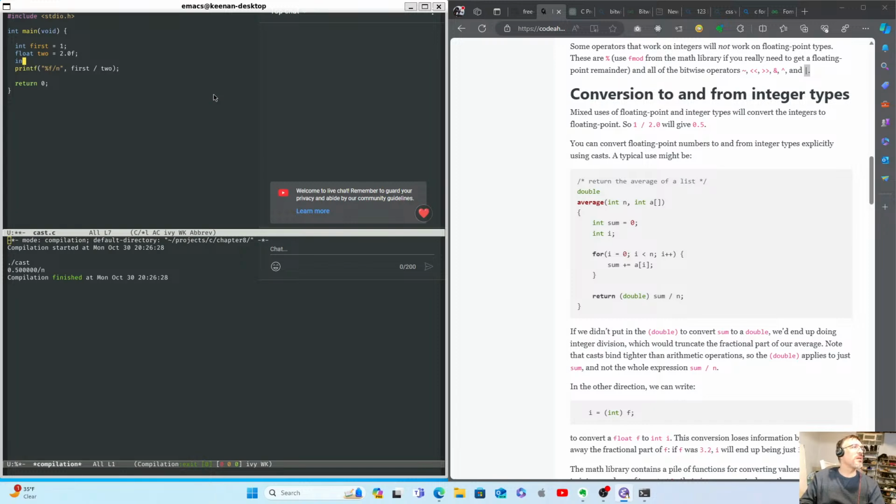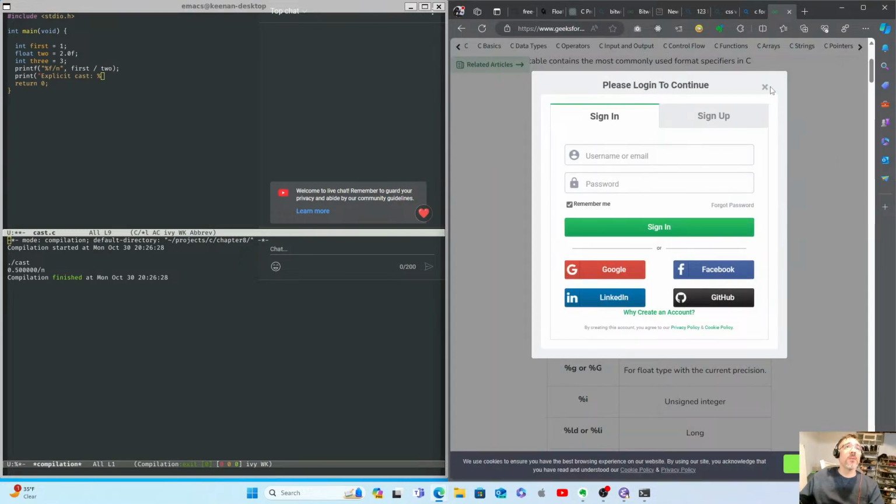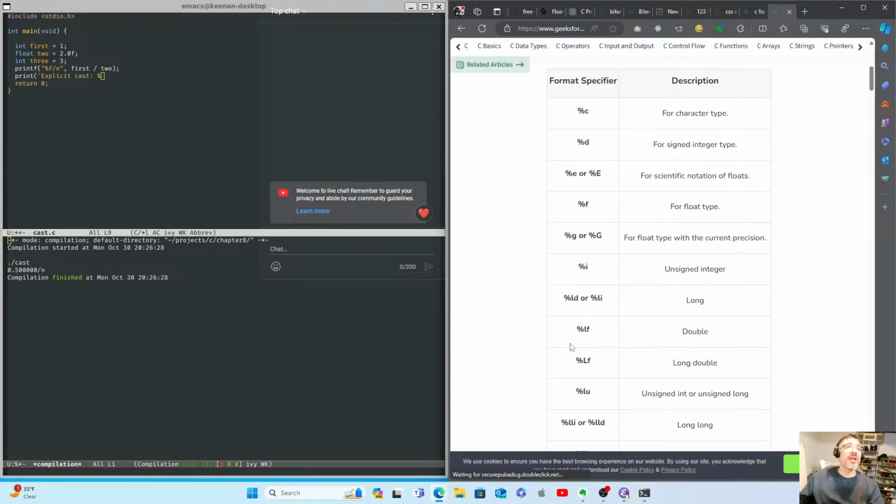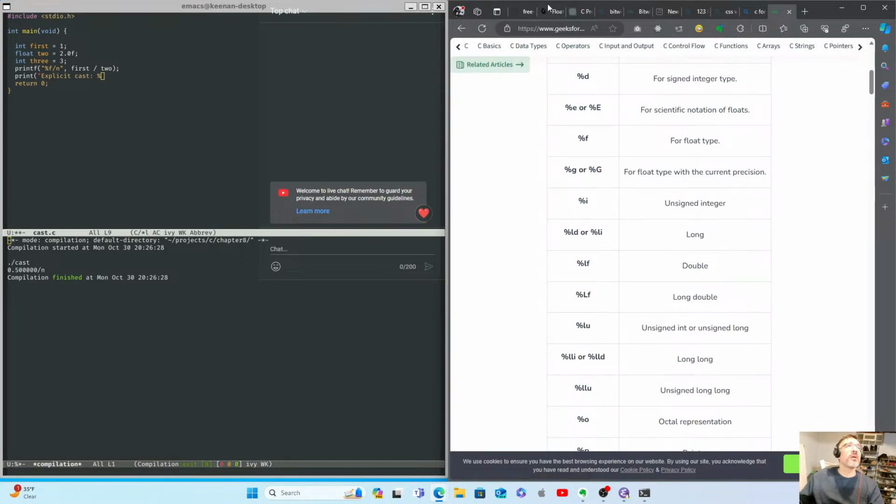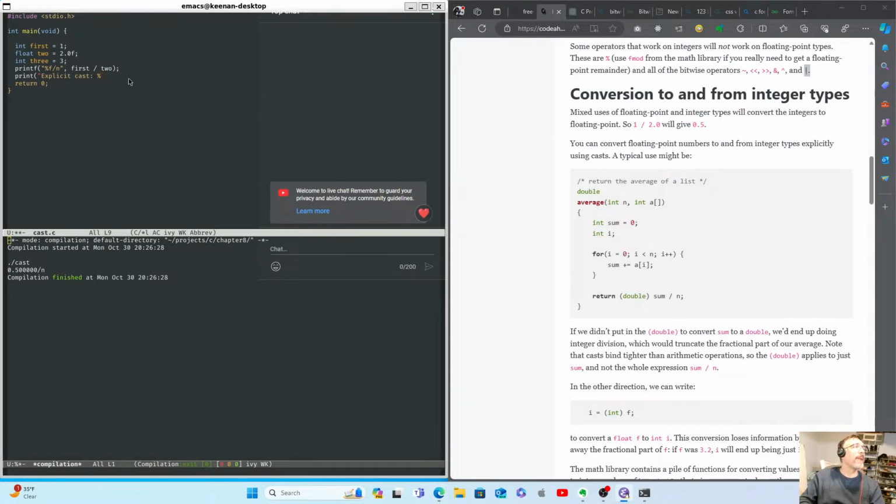So then if I said int three equals 3, and then I could do print explicit cast to percent. What is double? Long double LF? Okay, LF.